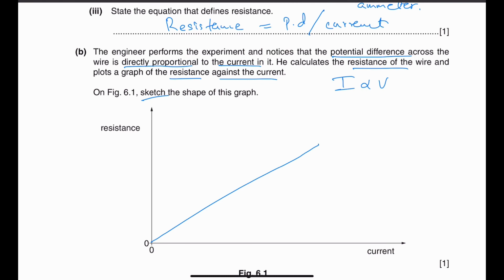The only problem is that you would not be reading the question carefully enough. They do not want us to graph current versus voltage. They want us to graph resistance versus current. Now, if something obeys Ohm's law, which means that the ratio of the voltage and the current is constant.